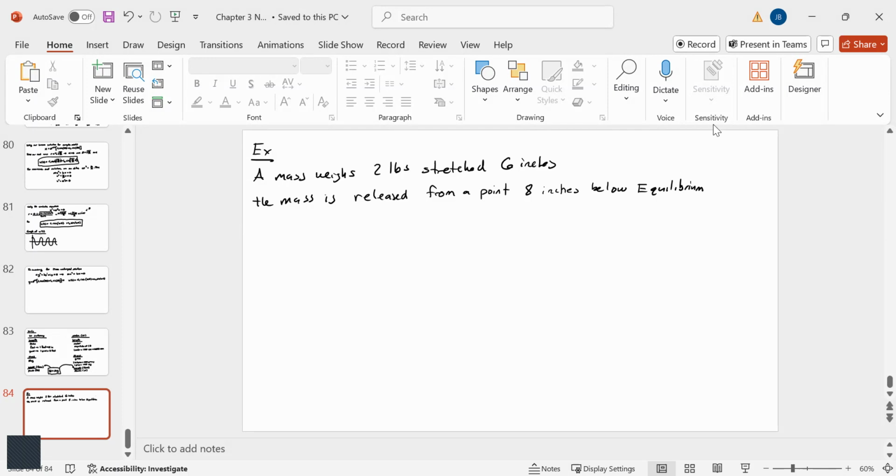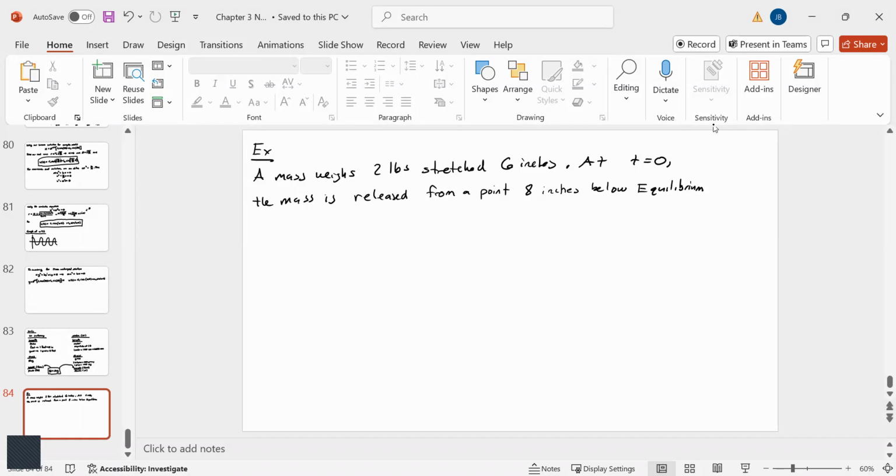So a mass weighs 2 pounds, stretched 6 inches. So the beginning part is the equilibrium length. I just copied below equilibrium because it was right below it.